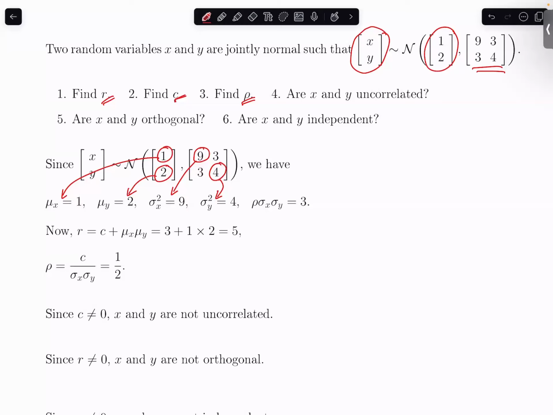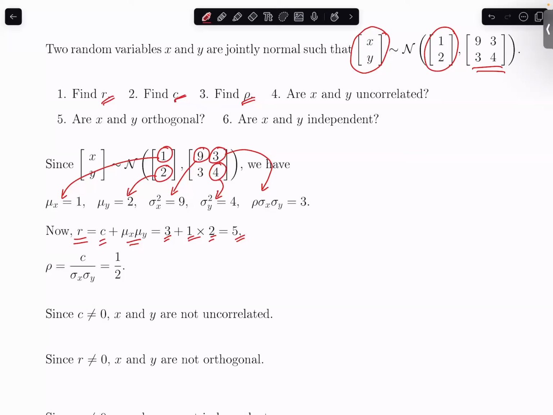Also, the off diagonal element, that is rho times sigma x sigma y, is equal to 3. We can also write that. Now, we know that the correlation is given by covariance plus mu x times mu y. Since we already know what C is and what mu x and mu y are, by plugging in those values, we get correlation equals 5.